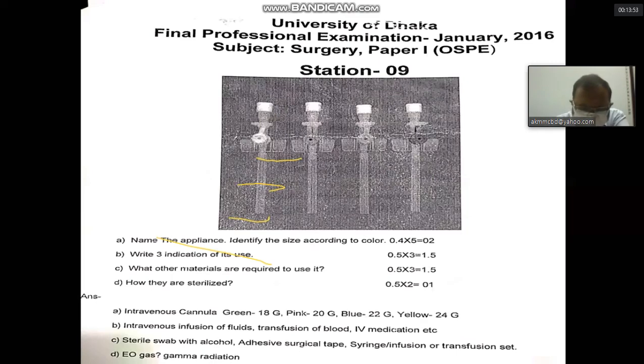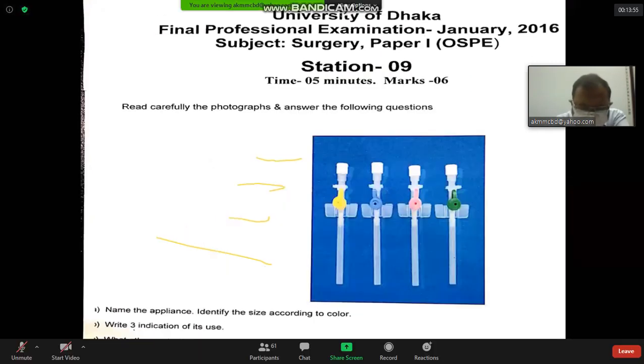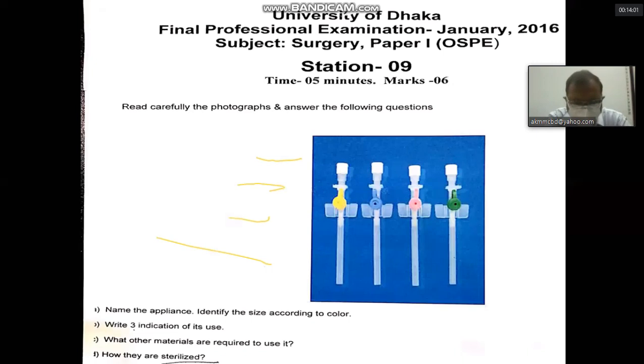Okay. So what other materials are required to use it? For a patient requiring IV cannula, what are the other things you need during intravenous cannulation?